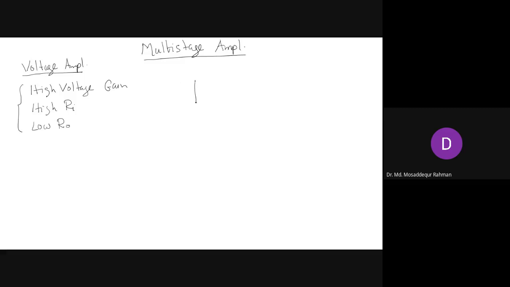So a multi-stage amplifier we can show like this. Let's say we start with the two-stage amplifier. This is our input signal Vi, and that is our output signal V0.